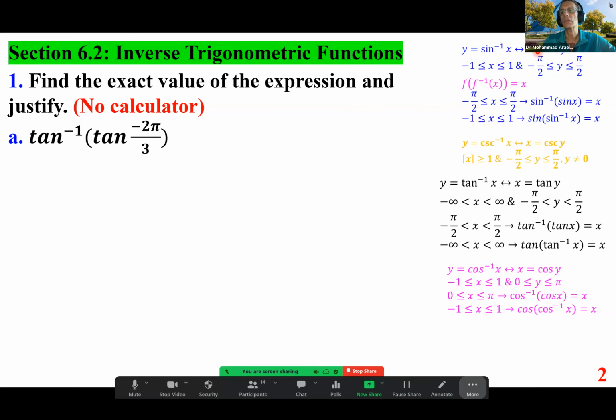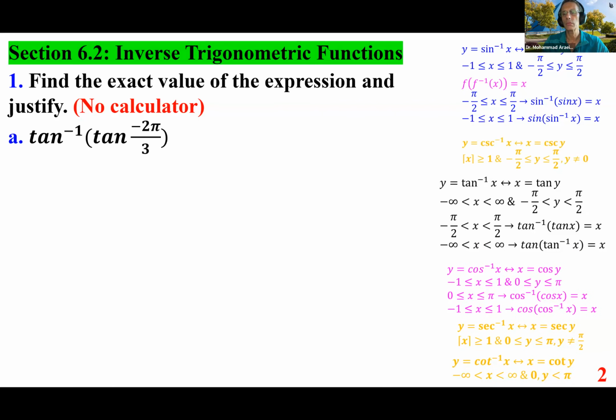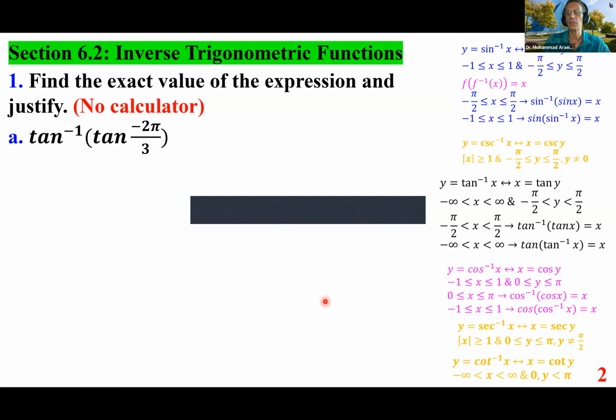Cosecant follows sine, and of course, y can't be 0, and secant follows cosine. Cotangent also follows cosine. As far as the restriction that we put, of course, the endpoints are not included.